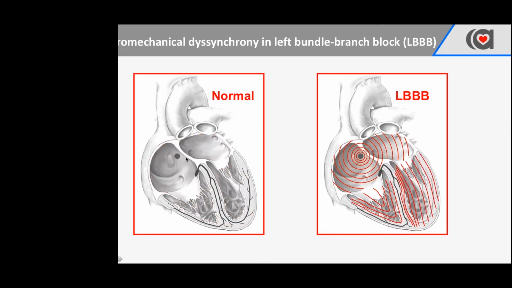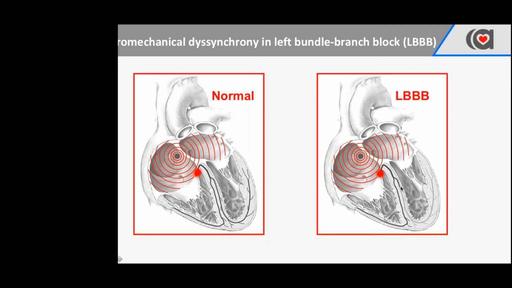From there, it spreads around the left and the right atrium, comes at the AV node, and then very fast across the Purkinje system, and then spreads synchronously, more or less, across the left and right ventricle.